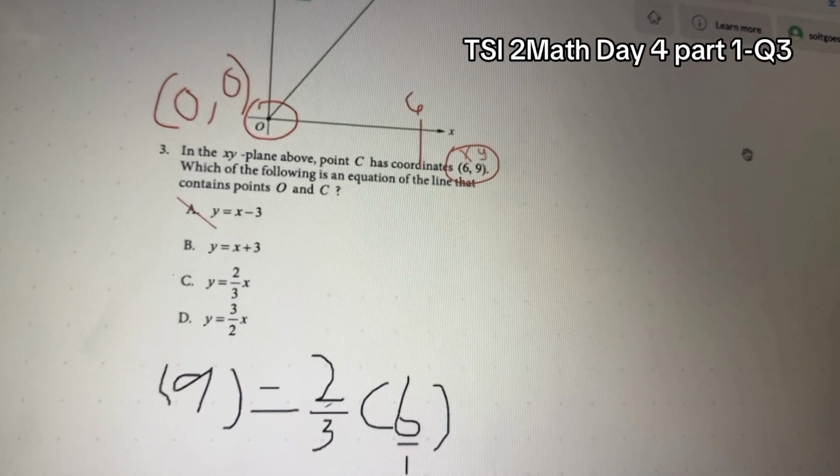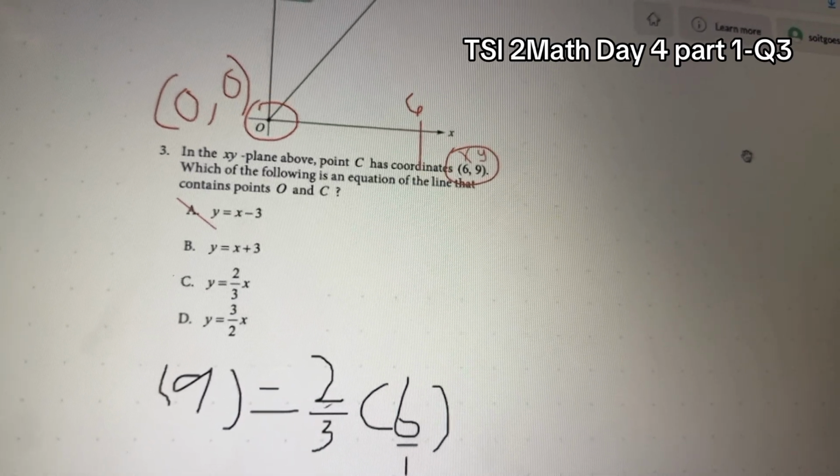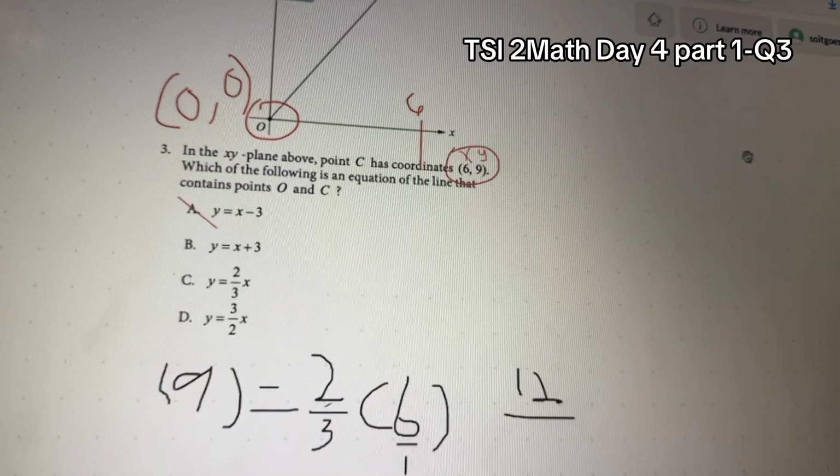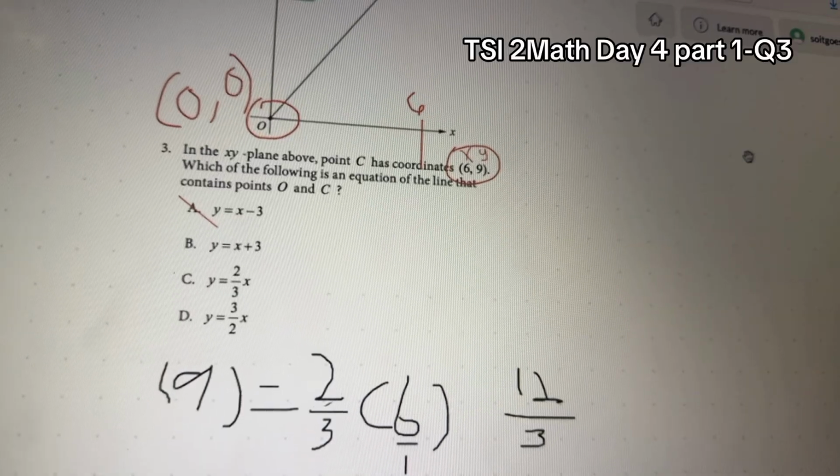Remember we talked about turn into a fraction. Exactly, turn into a fraction. So that's going to be 2 times 6 is 12 over 3. Is that equal to 9? No, that's not. That's 4. So answer choice C is gone.